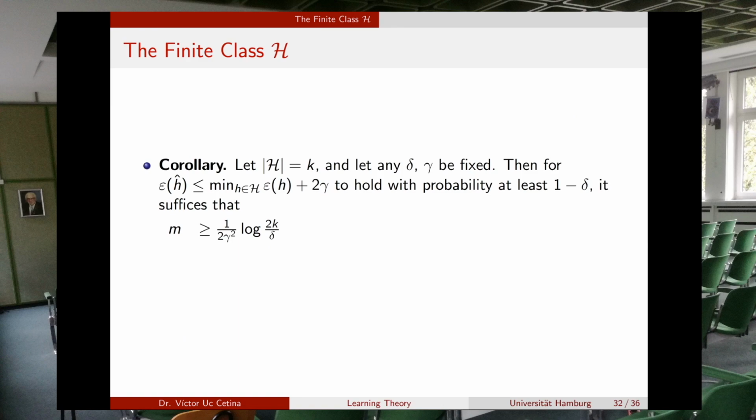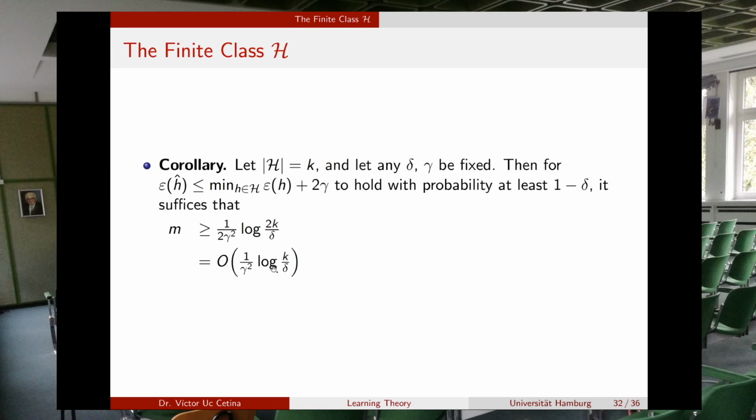There is a corollary about this, which relates the number of training examples. This is something we saw before, where there's a relationship between m and k, and this relationship is the logarithm of k. So what we're saying here is that the number of training examples that you need, if you increase the number k, is logarithmic in k.